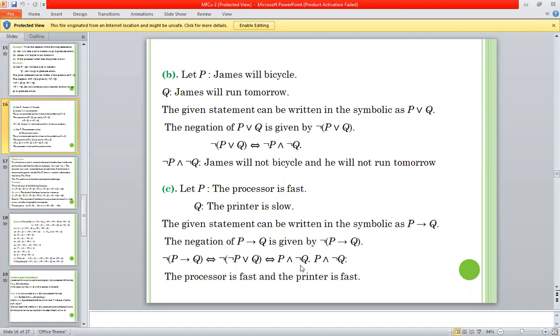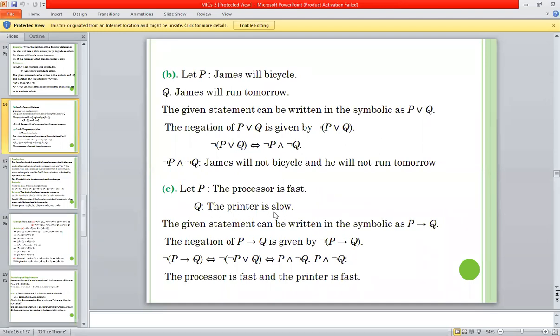So the negation statement of this is: the processor is fast and the printer is fast. P proposition is the processor is fast. The connective word is "and". Then the negation of Q. What is the proposition for Q?